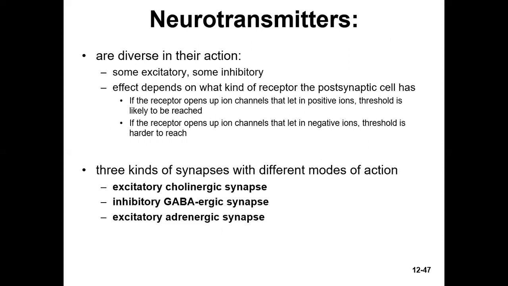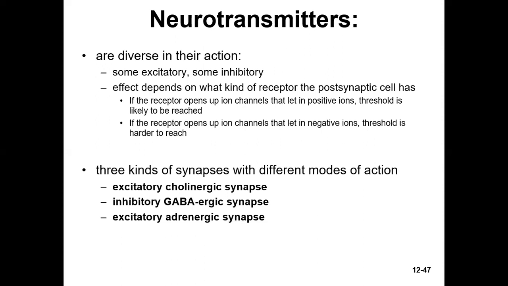So the same neurotransmitter can be released by two different cells presynaptically, and the postsynaptic cell will be the dictator of what that neurotransmitter will do, dependent upon the specific receptor in the postsynaptic cell. So if the receptor opens up ion channels that let in positive ions, threshold can likely be reached. However, if the receptor opens up channels that let negative ions into the cell, threshold will be harder to reach.